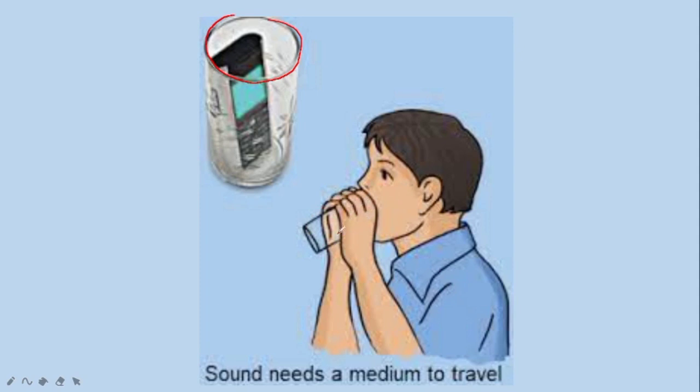Now, does the sound become fainter as you suck air? Yes, whenever you suck air, the sound becomes fainter. That means gradually the sound decreases, compared with the open tumbler.